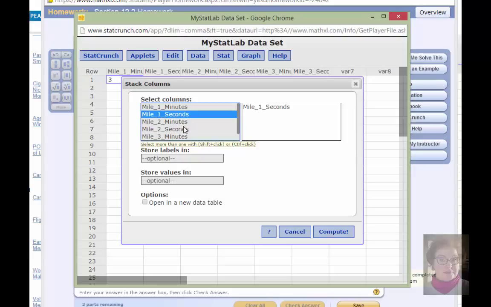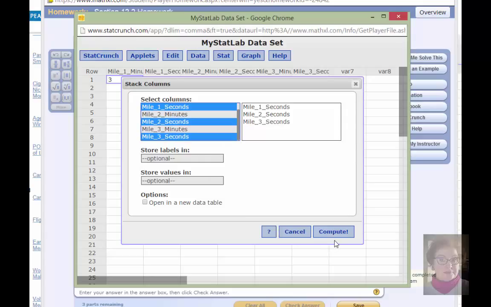So I want to do seconds, and I'm going to do control click to get my mile 2 seconds, and control click to get my mile 3 seconds. And I want to store the labels in mile. So I'm just going to do a mile.